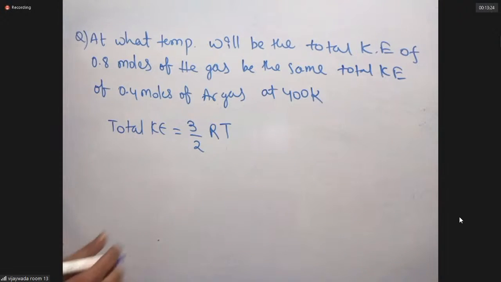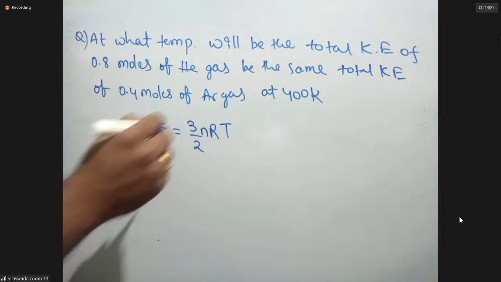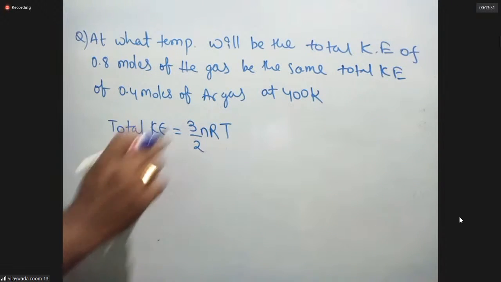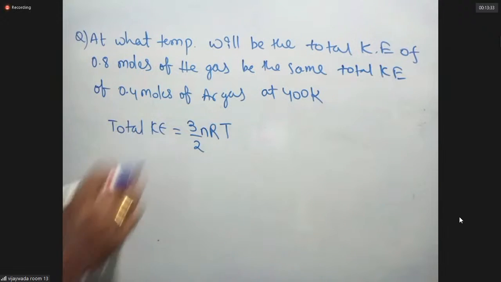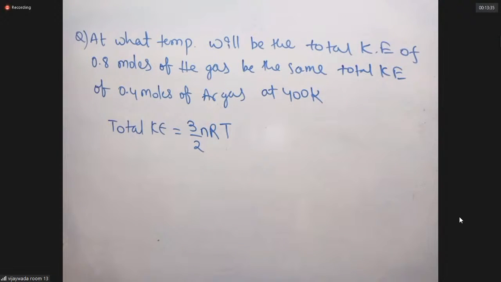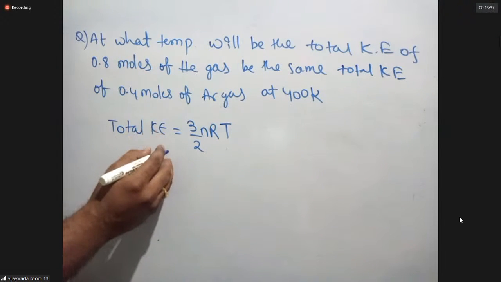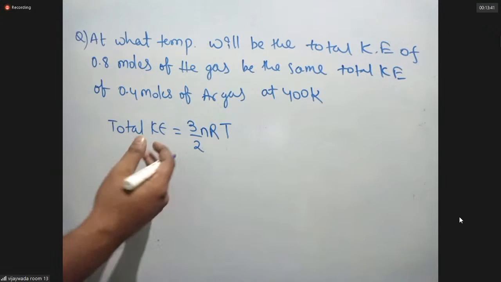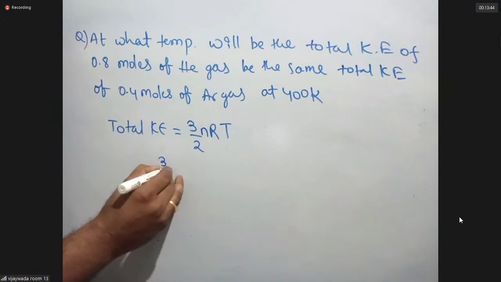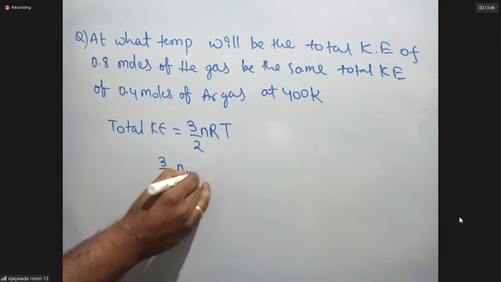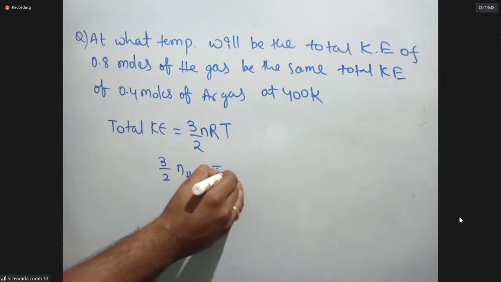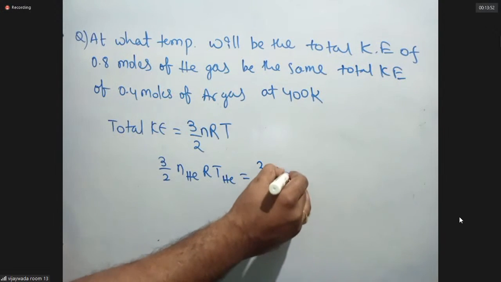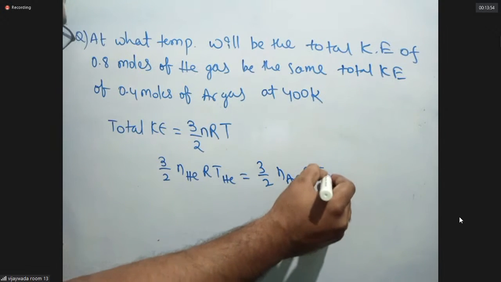For n moles, if n value is 1, 3 by 2 RT; for n moles, 3 by 2 nRT. Kinetic energy of helium gas and kinetic energy of argon gas are both the same. So 3 by 2 number of moles of helium R T of helium equals 3 by 2 number of moles of argon R T of argon.